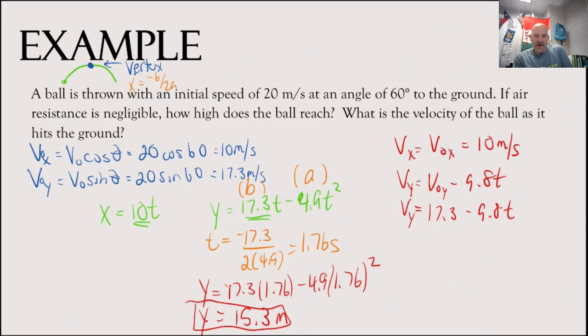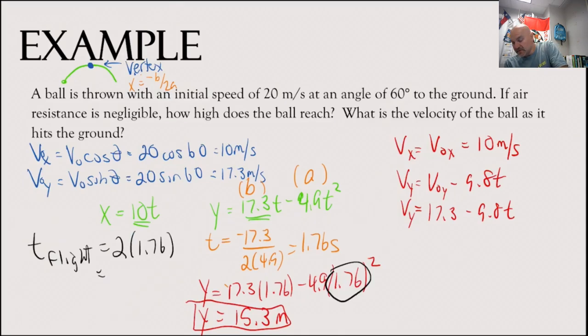Now you ask, Mr. Londot, how long did it take? Well, guess what? There's some symmetry in our process. If it took 1.76 seconds to go up, it takes 1.76 seconds to come down. So what we call our flight time or hang time is just 2 times that.